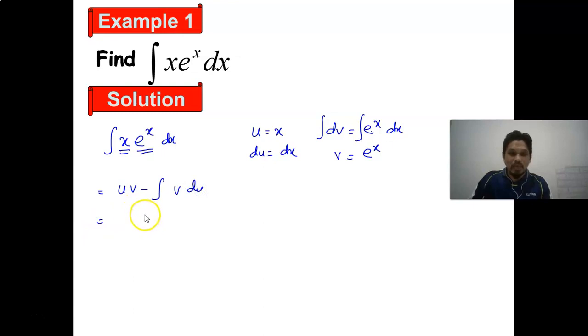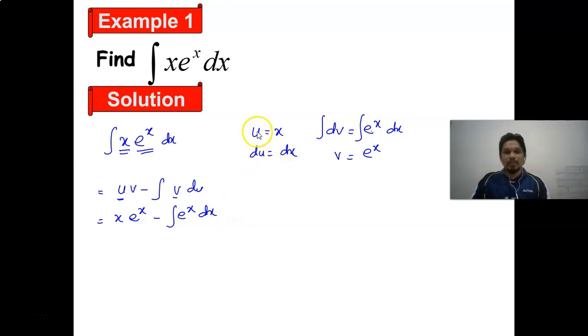Let's substitute one by one, where u equals x, v equals e to the power of x, minus the integral of v equals e to the power of x, and du equals dx.